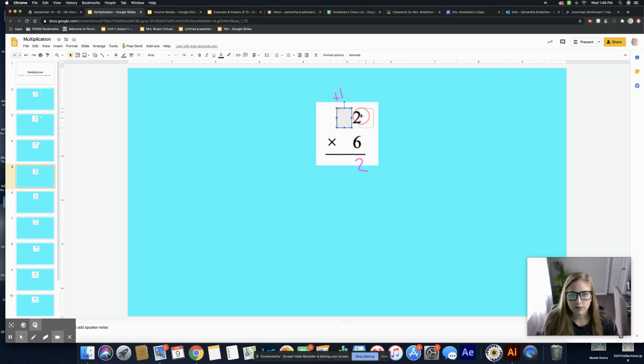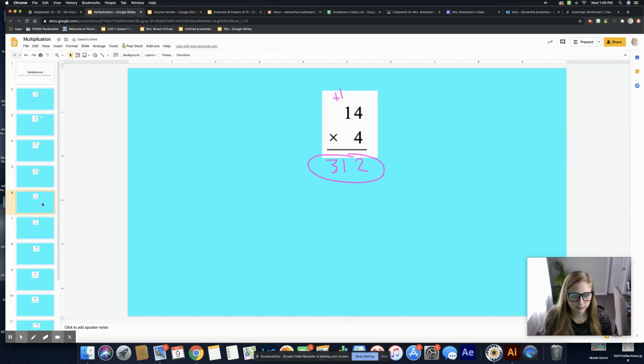Now I'm going to move this box over, and now I have 6 times 5. 6 times 5 is 30, plus the 1 I carried, which is 31. So my answer is 312. So 52 times 6 is 312.